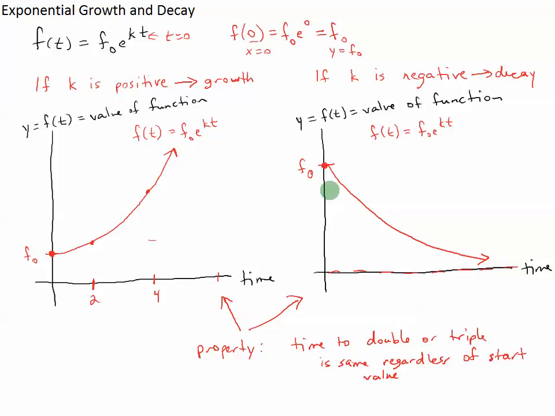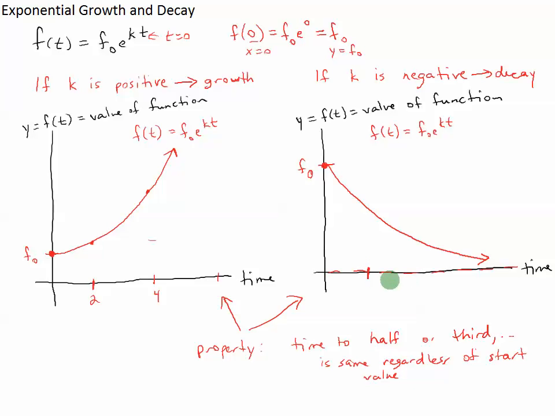Now in the case of decay, instead of doubling or tripling, you could say the time to half or third or any other fraction is the same regardless of the start value.